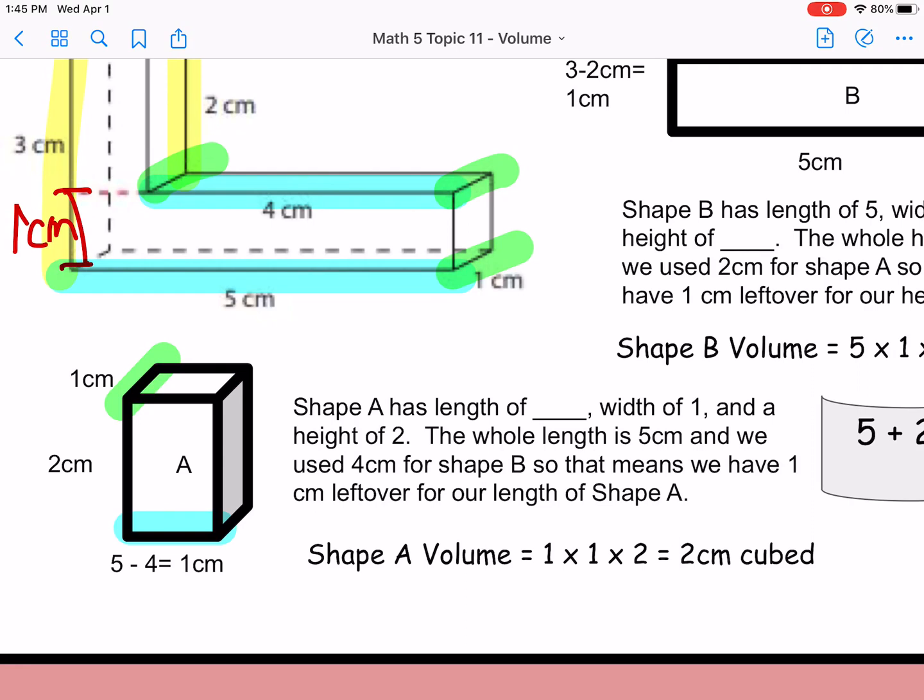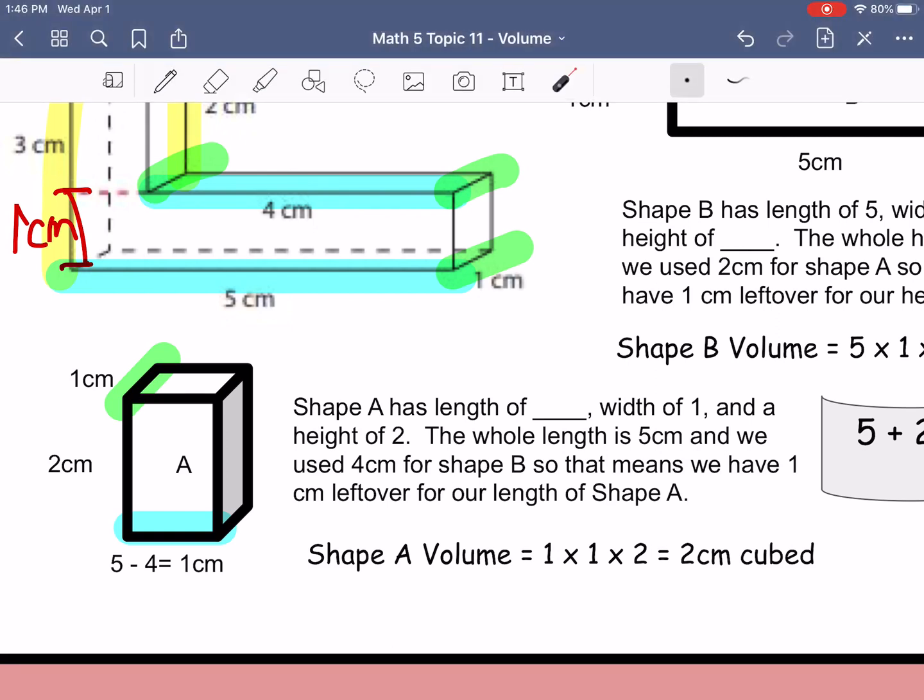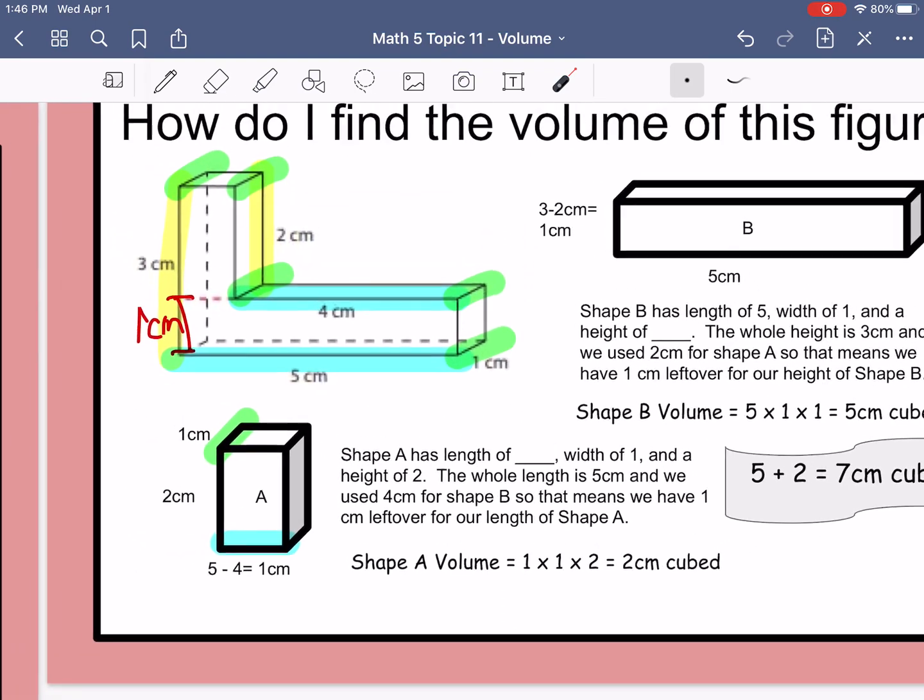We used up 4 already for shape B, so that means we have 1 centimeter left over for our shape A. So the numbers that we have to find volume with are 1 times 1 times 2, which is 2 centimeters cubed. So shape A has a volume of 2 centimeters cubed. Okay?